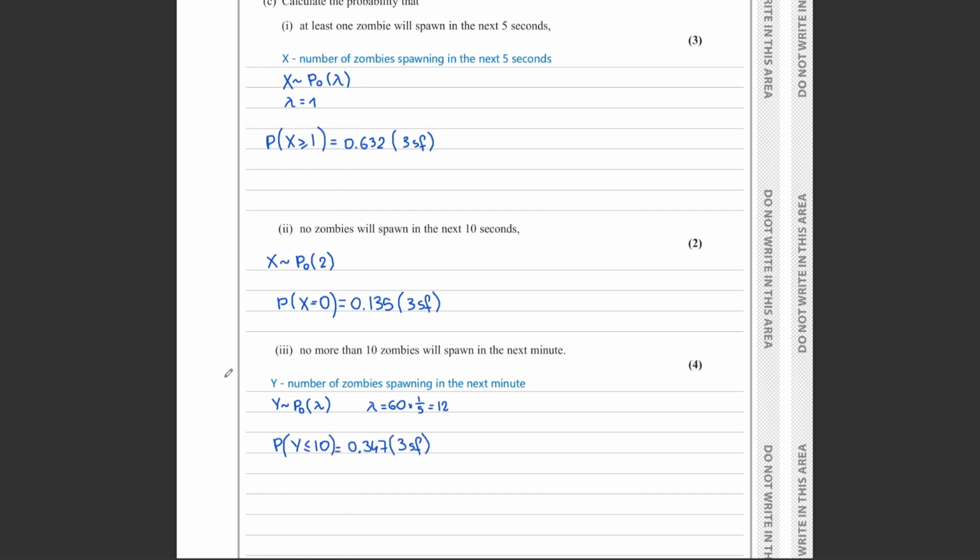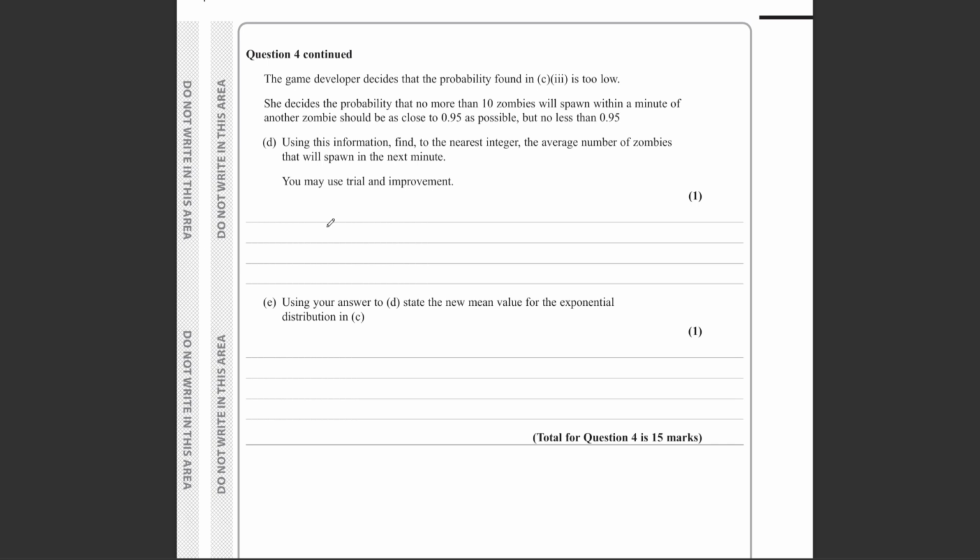And the probability will be 0.347 to 3 significant figures. In question D, our lambda will be 6. So in question E, the new mean will be 1/6.